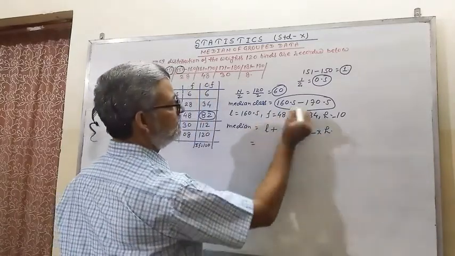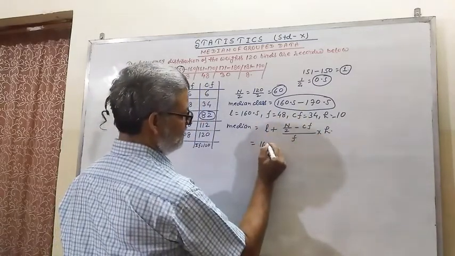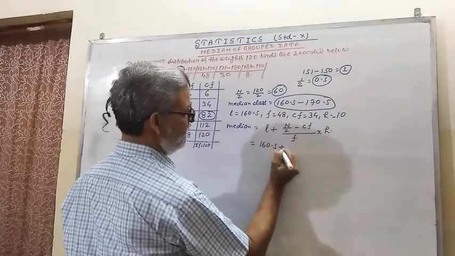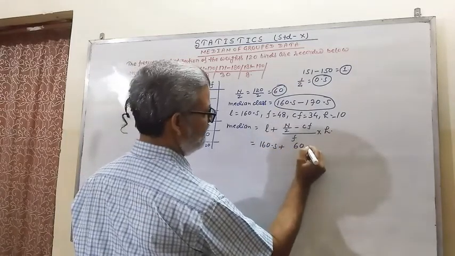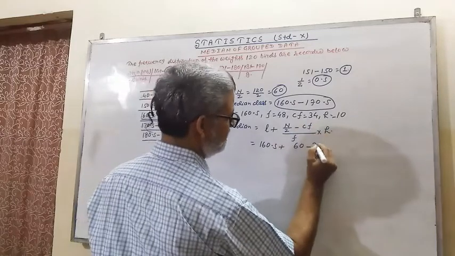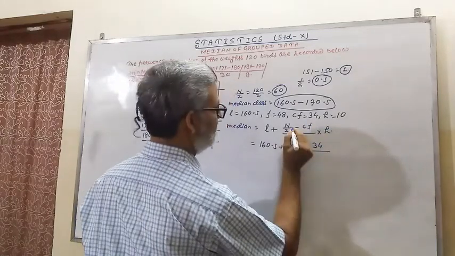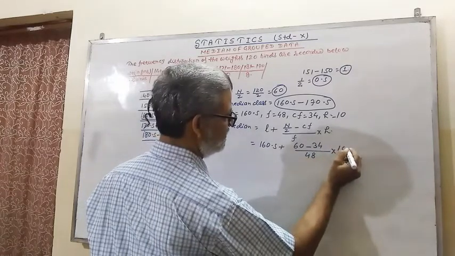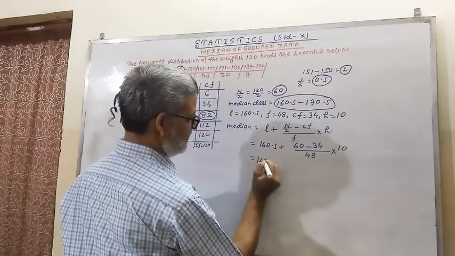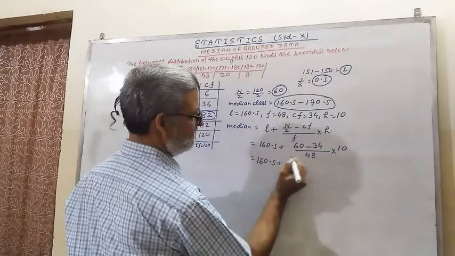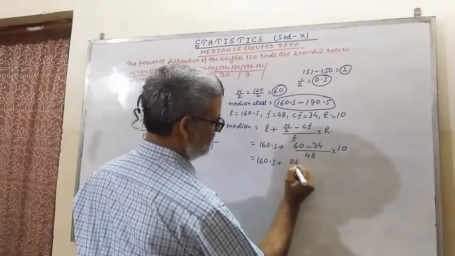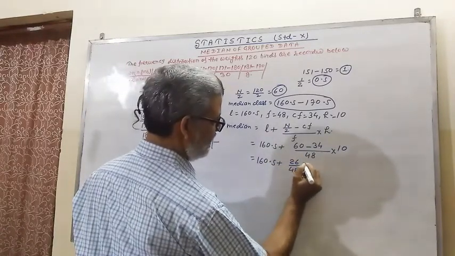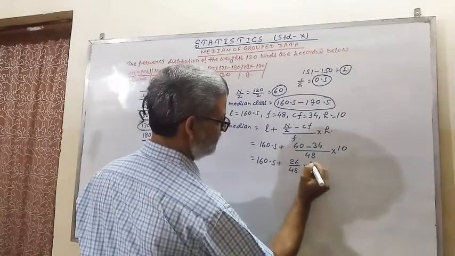Now L is 160.5 plus N by 2 60 minus CF 34, divided by F 48, into H 10. Now 160.5 plus 26 by 48 into 10.